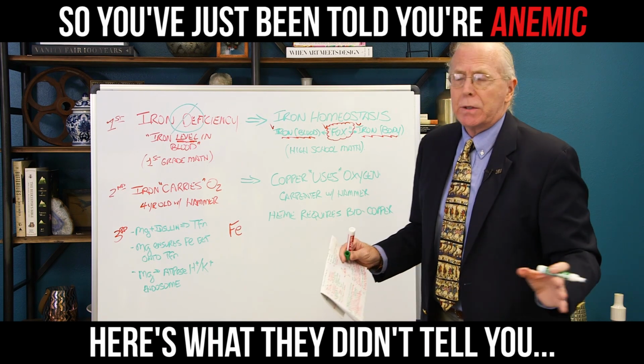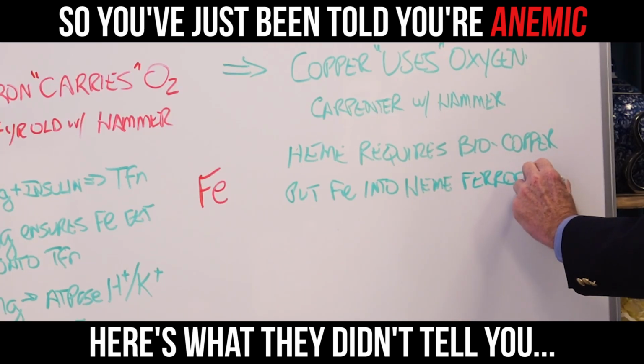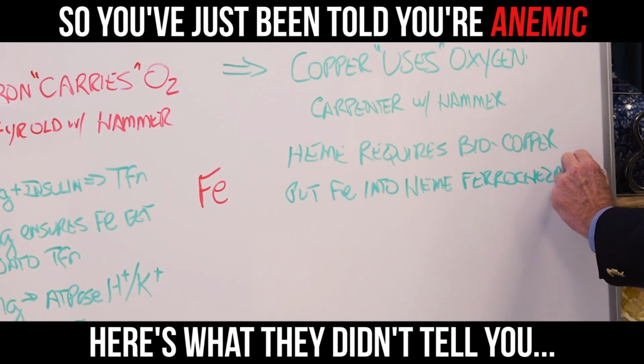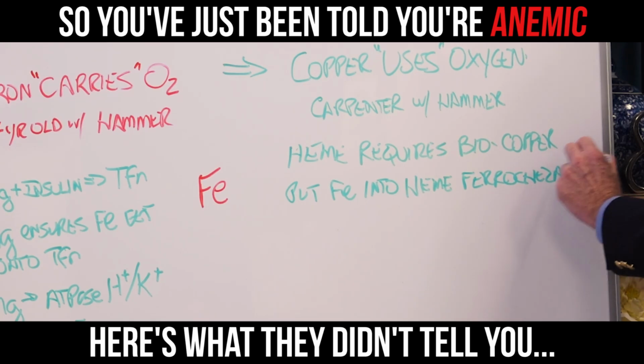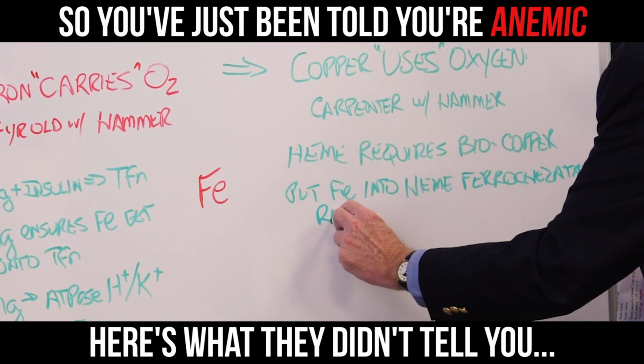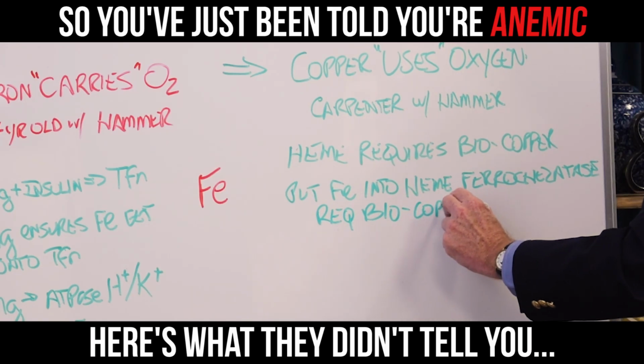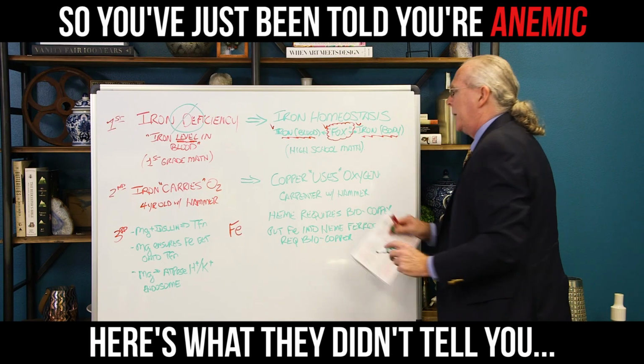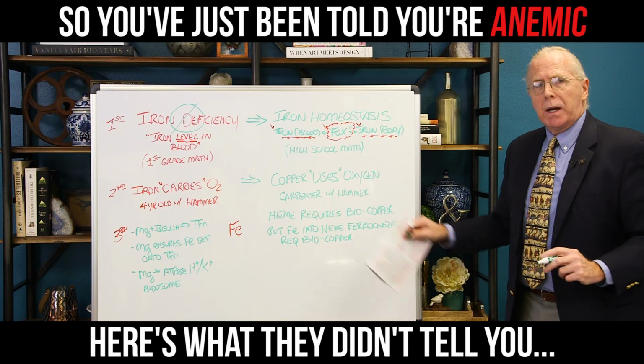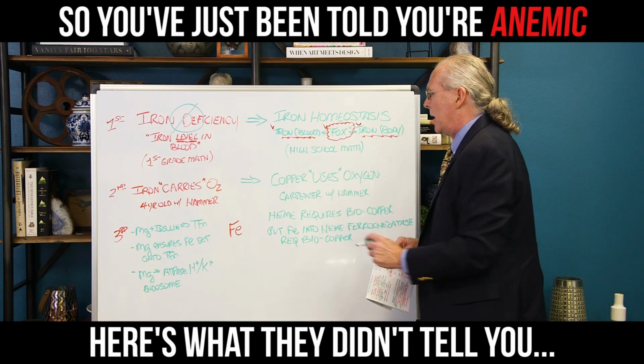It's well established in the research. What's a key component of heme? Well, in order to put iron into heme calls for an enzyme called ferrochelatase, and ferrochelatase requires bioavailable copper. So we can't make heme, and we can't put the iron molecule into heme without bioavailable copper.